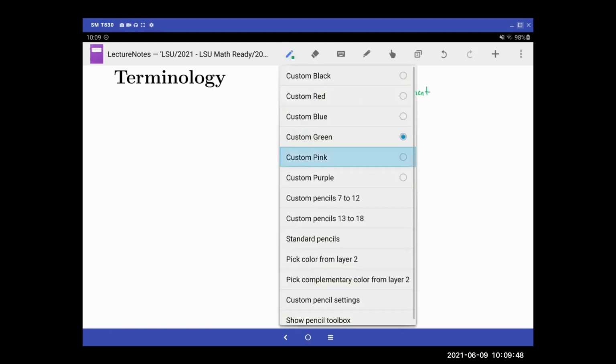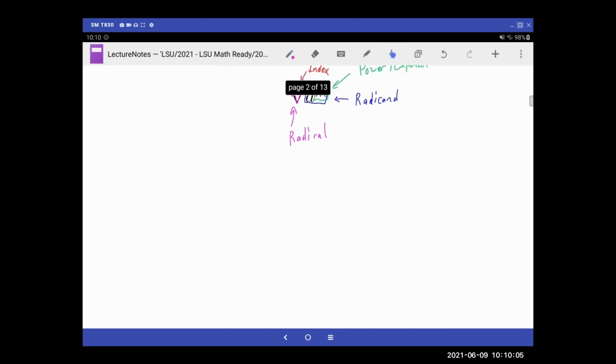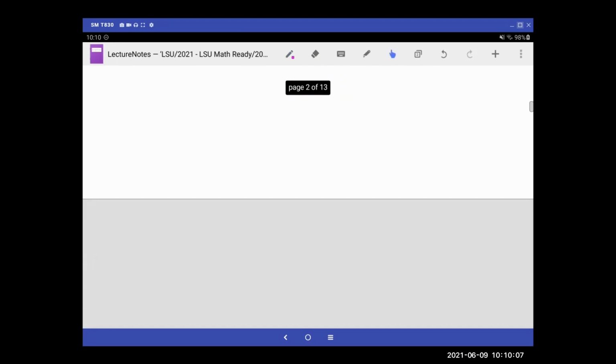And finally, this thing right here is the radical. So there's the radical, the index, the radicand, and then of course the power and all that. Again, maybe it's useful to know these terms, maybe not. Radical and index are pretty good to know.